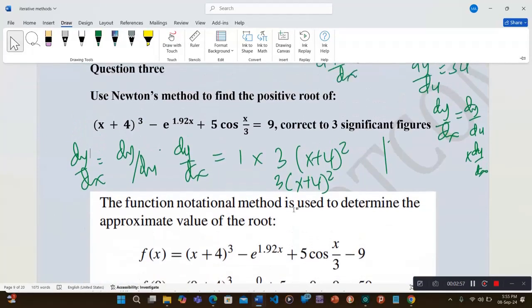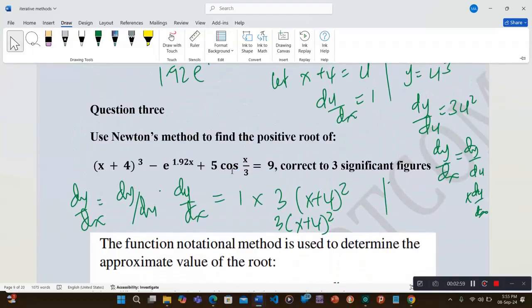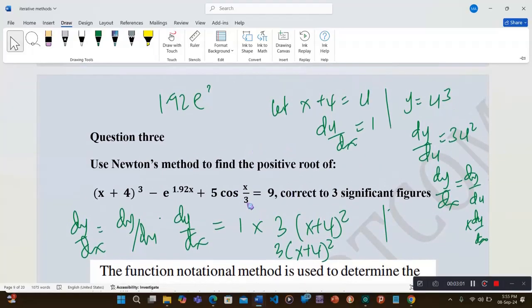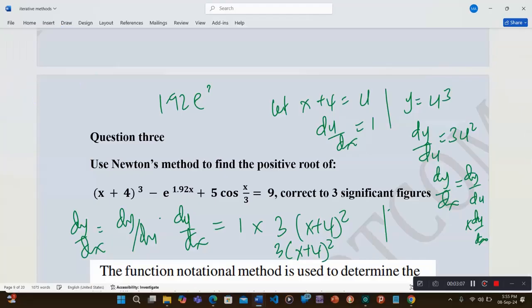So you go ahead and differentiate also this and this other value of 9. You have moved it to this other side. Then if I differentiate this, it is going to be a third, so I'll have a third times 5.